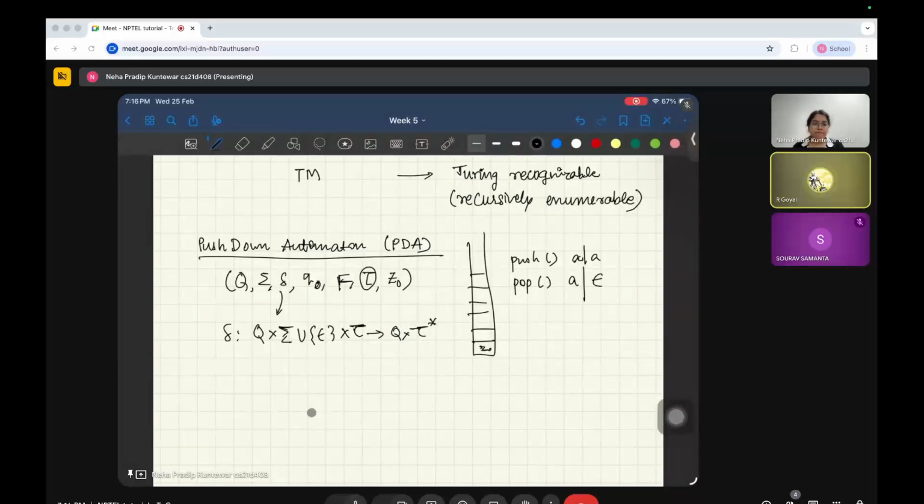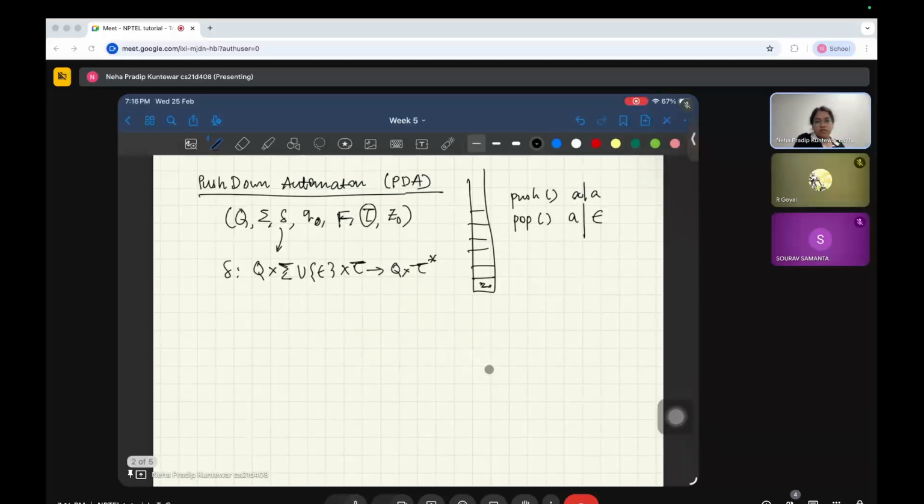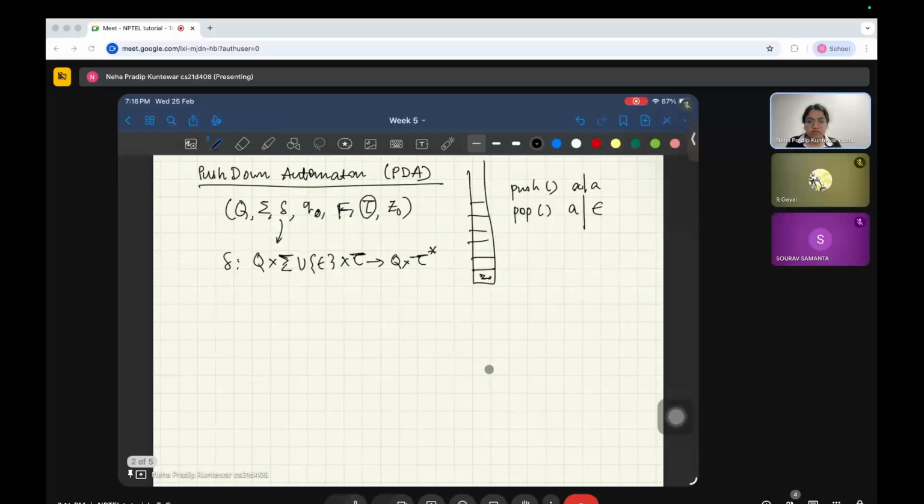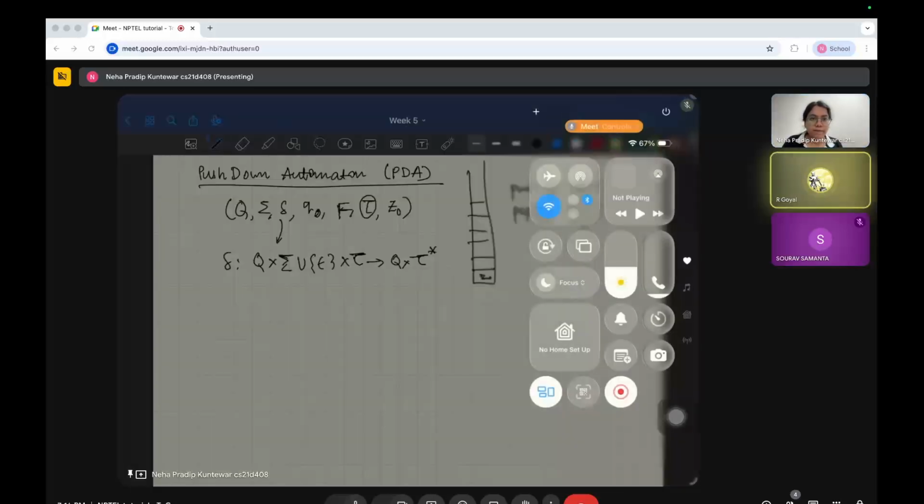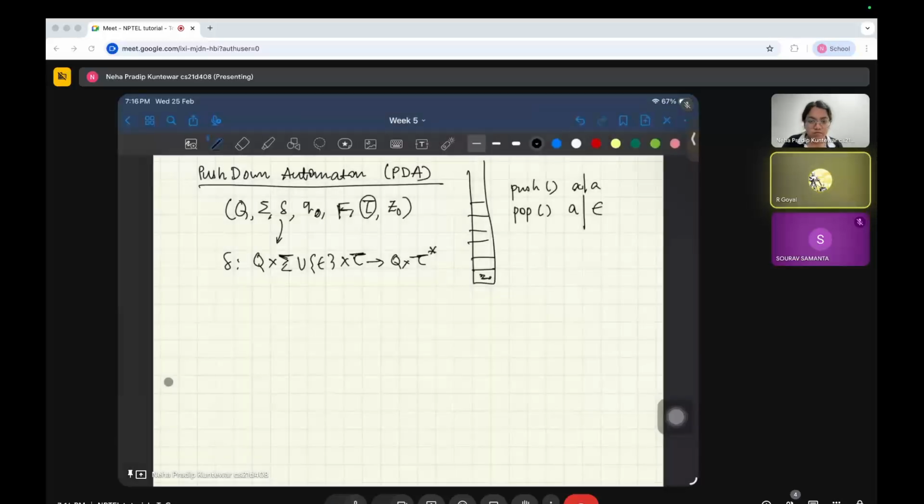Like they use a special symbol as a sentinel, probably the dollar symbol. Yeah, I remember seeing that. I used it because I found it easier to design PDAs than to understand.